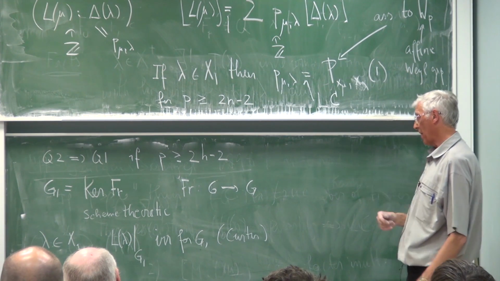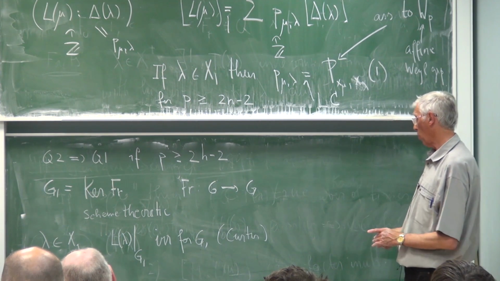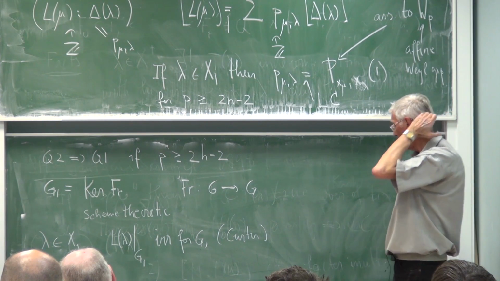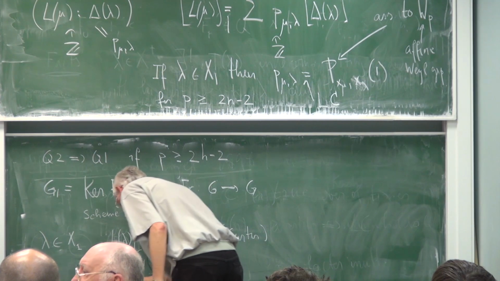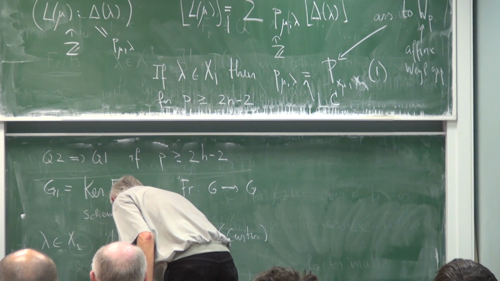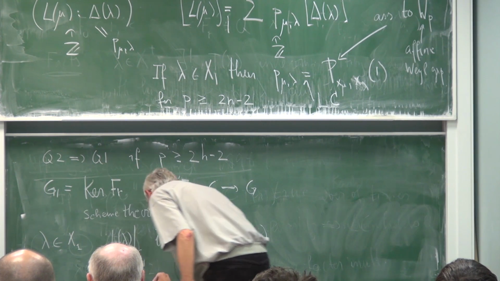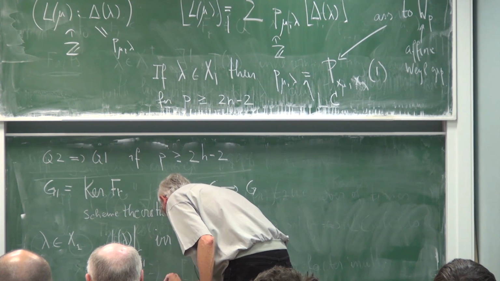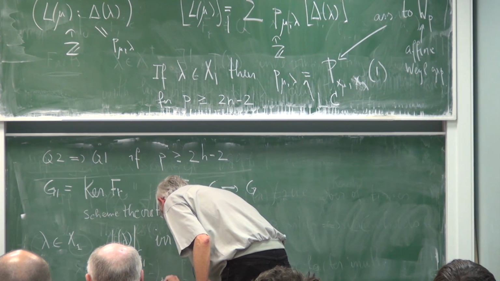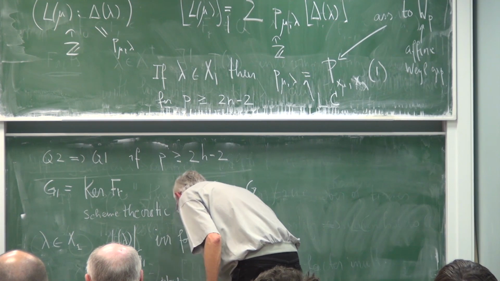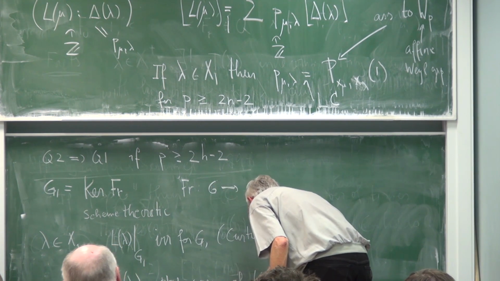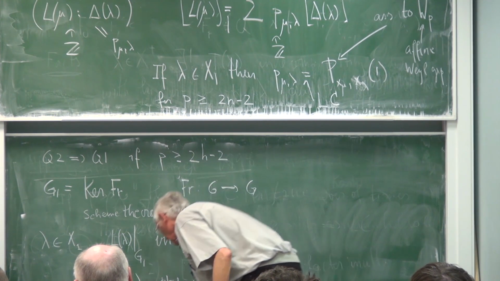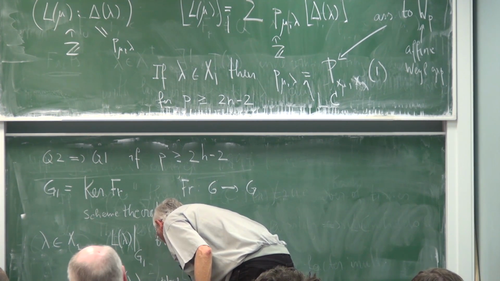One advantage of working with G1 instead of G itself is that you have projective modules. So let me put Q1(lambda) equal to the projective cover of L(lambda). And now here I'm talking G1 modules.